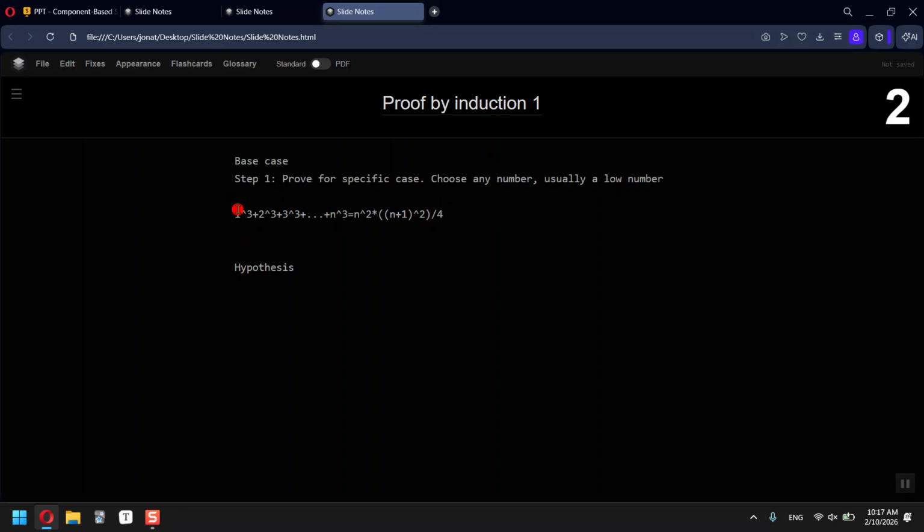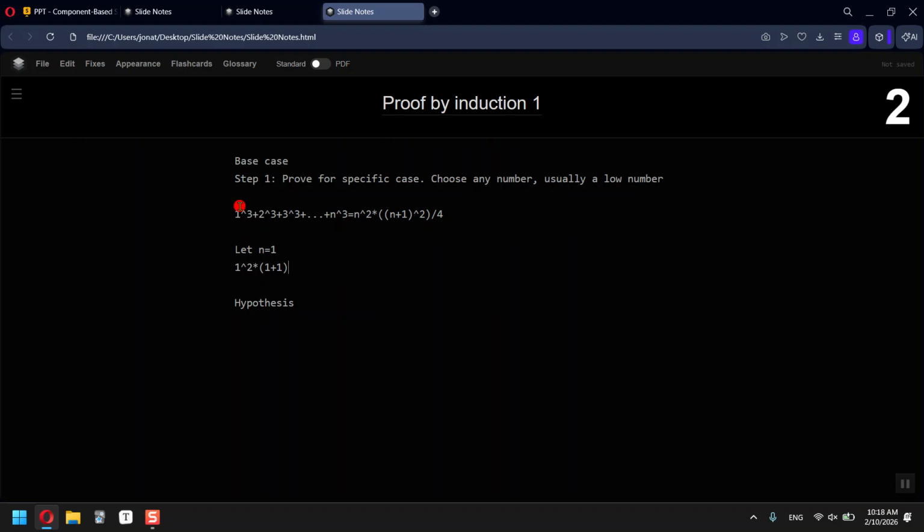And on the other side, it's 1 squared times 1 plus 1 squared divided by 4, which is also 1. So we can see that it's true for at least 1.